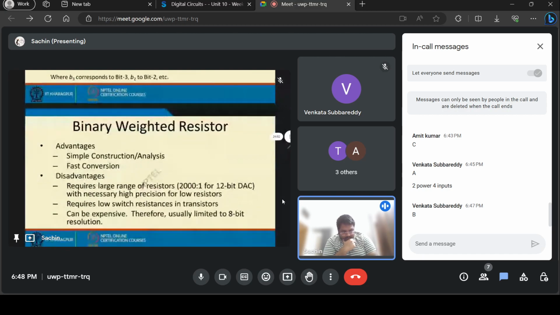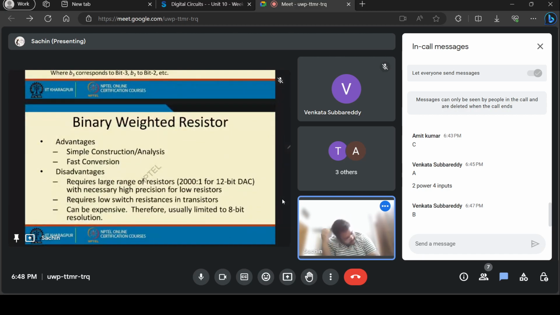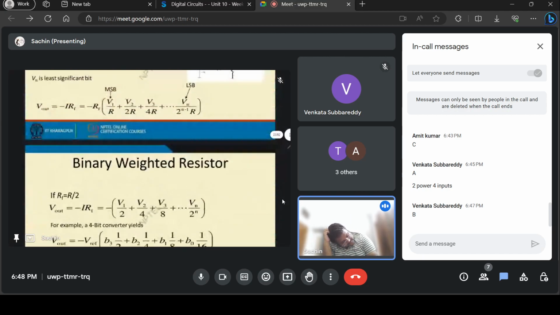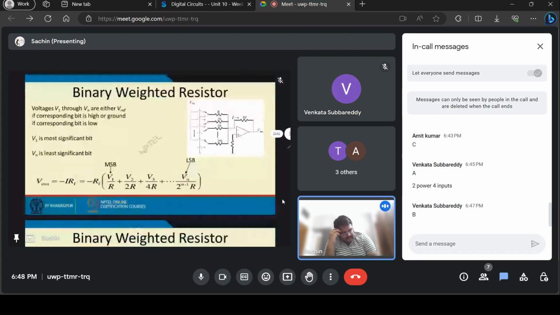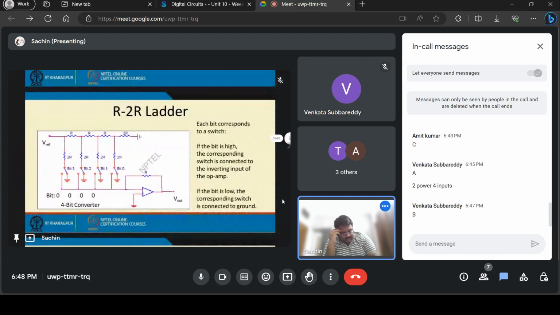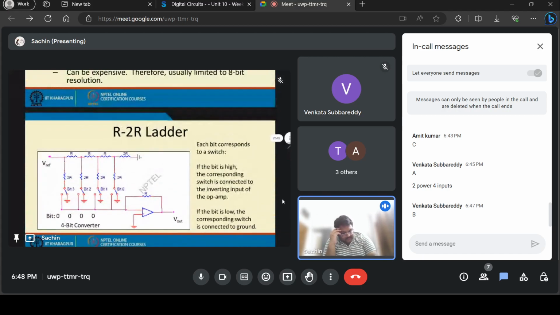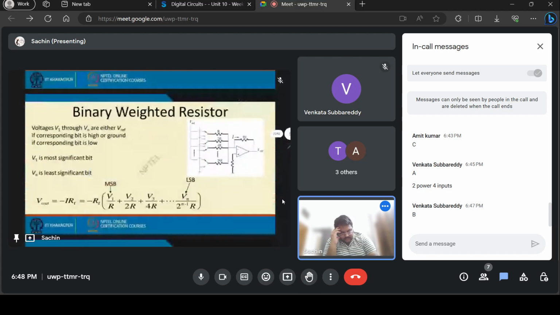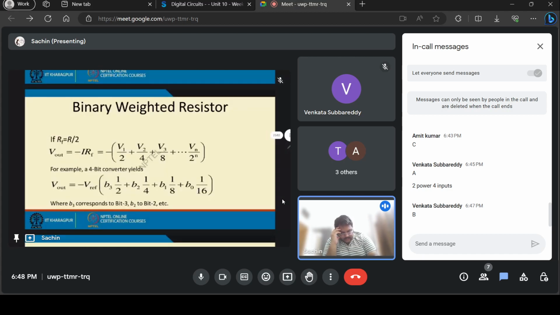So binary weighted advantages are simple construction. You can see from the circuit, all the resistors are just connected in parallel. Here in R2R, there's much more going on. Some are in series, some are in parallel.